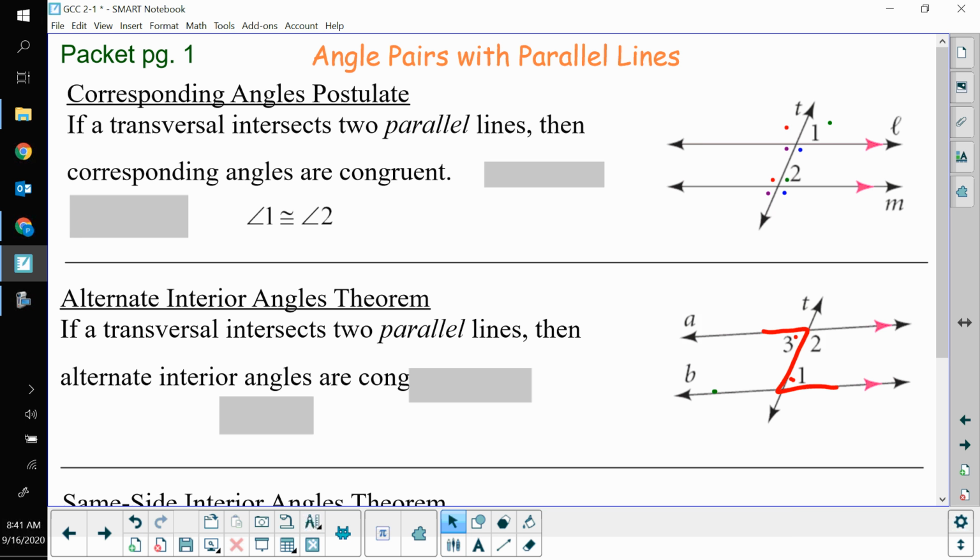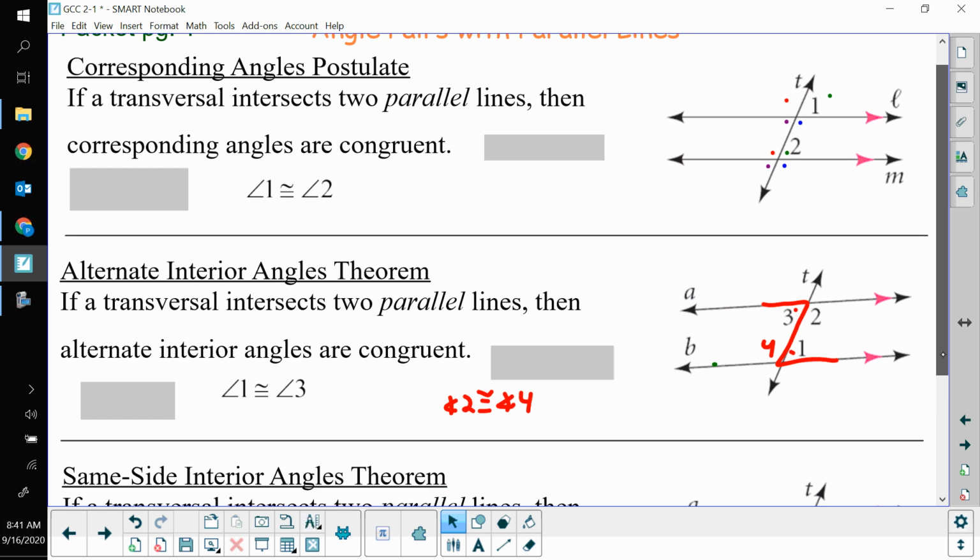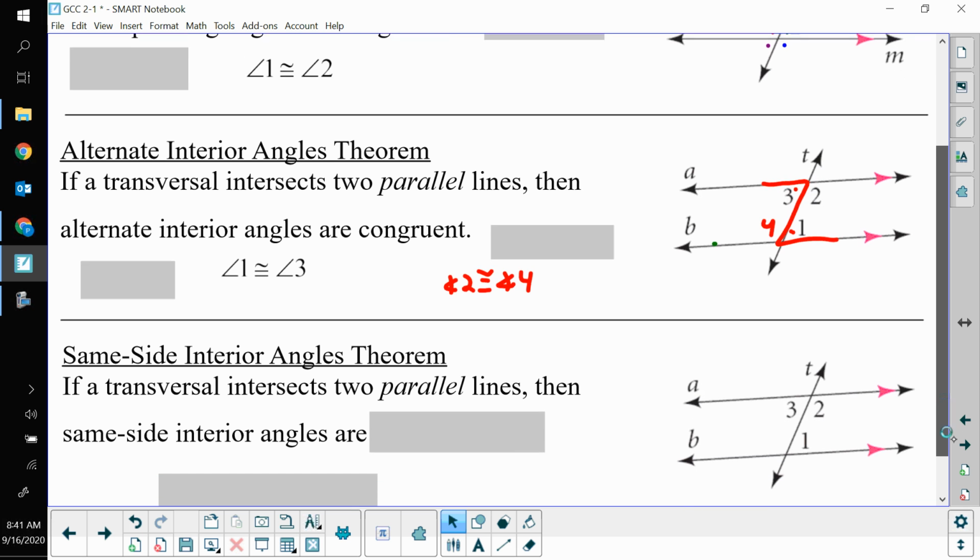And the blank that we can fill in is that when you have parallel lines, alternate interior angles are congruent, so they have the same measure. From this picture, we know that angle 1 is congruent to angle 3. Now, if we call this 4, we would also know that angle 2 is congruent to angle 4. But that wasn't labeled in the original picture, that's why I just had angle 1 and angle 3.